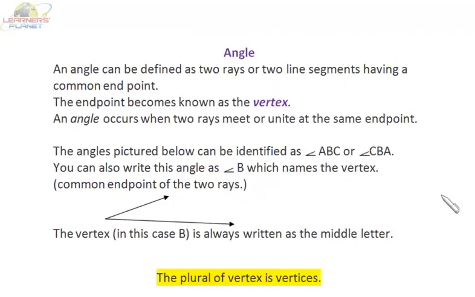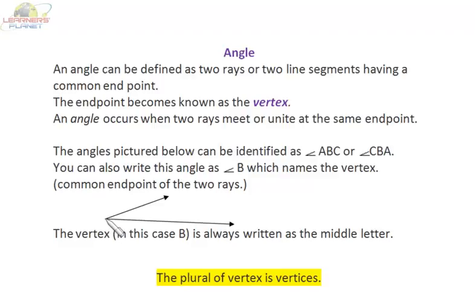Now let's discuss a very important term in geometry, that is angle. An angle can be defined as two rays or two line segments having a common endpoint. We see this is a ray and this is a ray, and this is a common point from which both the rays are passing.